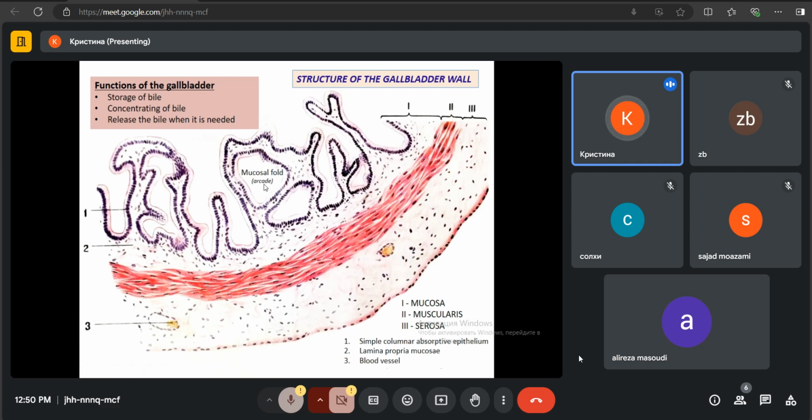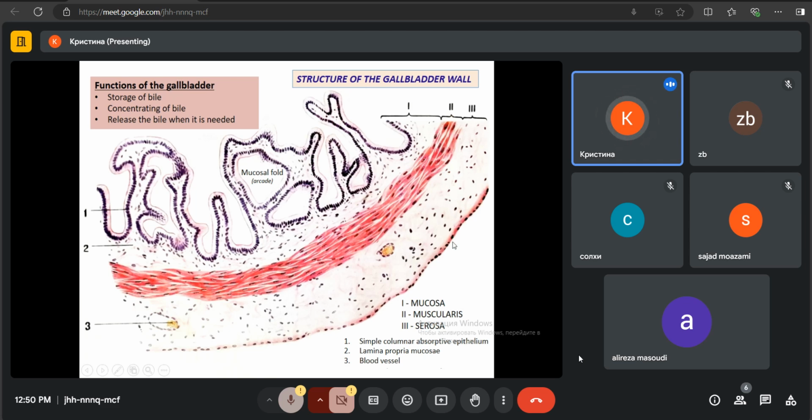So the gallbladder wall is rather thin. The functions of the gallbladder are to store the bile, to concentrate the bile, and to release the bile when it is needed. First, in the wall of the gallbladder, we have three layers: mucosa, muscularis, and serosa or adventitia.